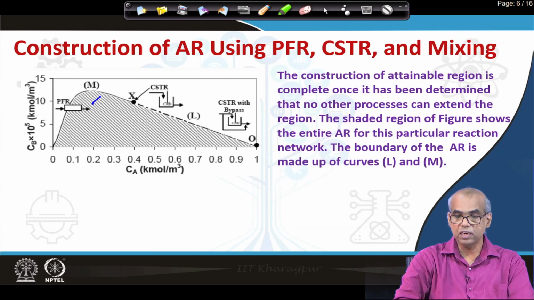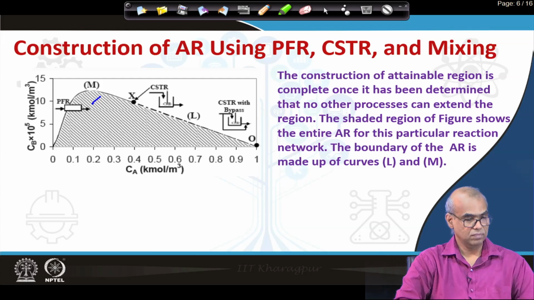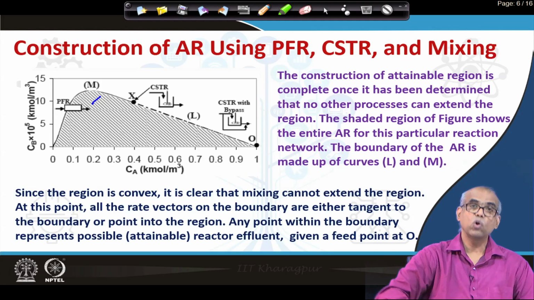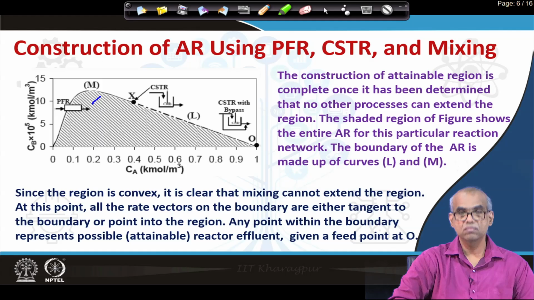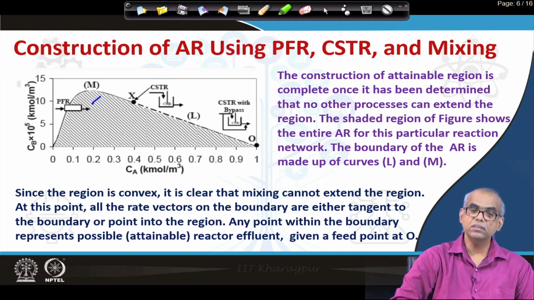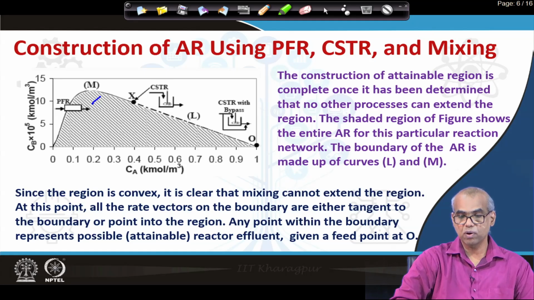The boundary of the attainable region is made up of curves L and M. Note that the region is convex. It is clear that mixing cannot extend the region. At this point, all the red vectors on the boundary are either tangent to the boundary or point into the region.